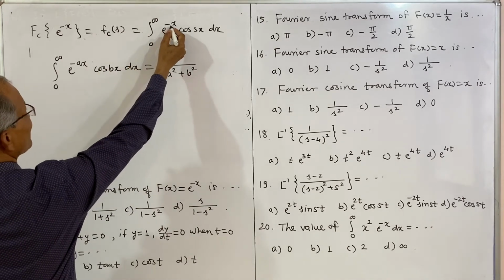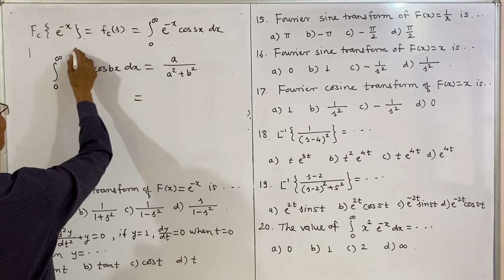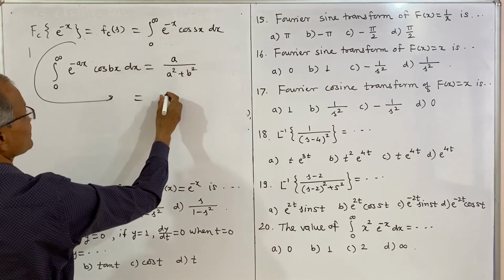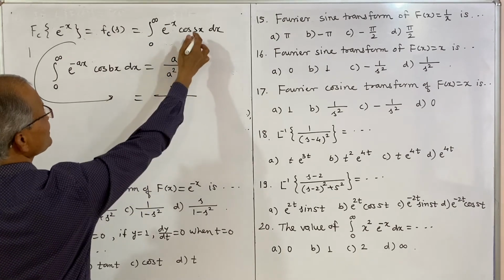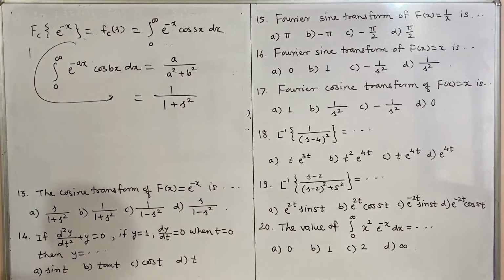A is 1, so the transform will be 1 divided by 1 square plus s square, so 1 upon 1 plus s square, and thus the correct alternative is B.